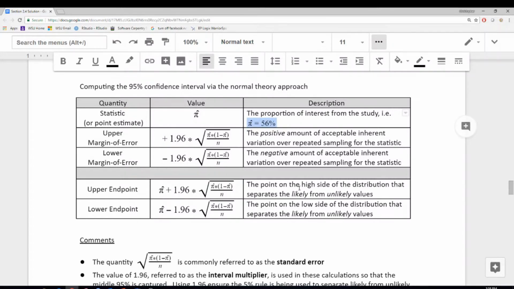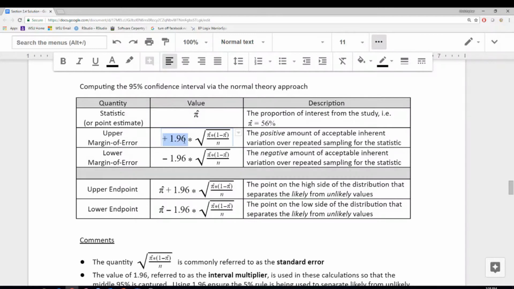We have the upper margin of error and the lower margin of error. In order to compute the upper margin of error, we take this 1.96 quantity, call that the interval multiplier, and then we multiply it by this formula here, which is the square root of pi hat times 1 minus pi hat, all divided by n.